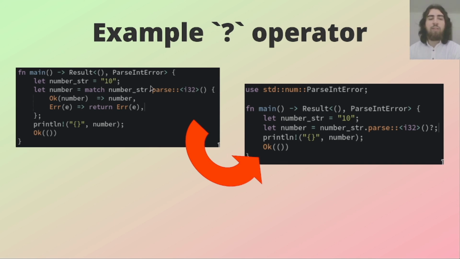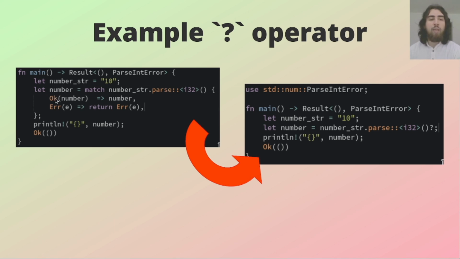Now we have seen that the parse method could potentially fail, right? If we have here a string holding T, for example, the compiler can't convert it to an I32 because it's not a valid number. So in case we get back the OK variant, remember, parse will return a result.